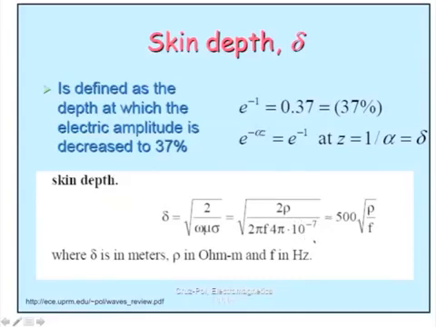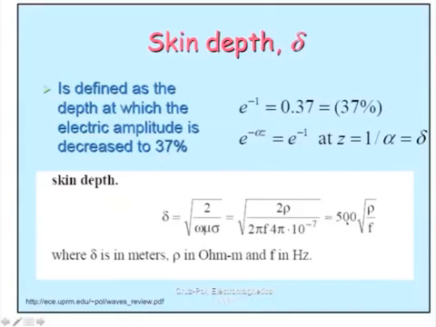The inverse of sigma is our familiar rho, the resistivity property of rocks. So we have 2 rho divided by 2 pi f divided by 4 pi times 10 to the minus 7. If you take these constants, invert them, and take the square root, you get about 500.